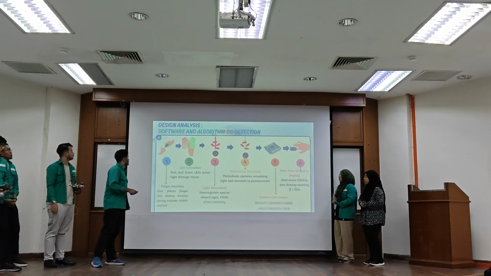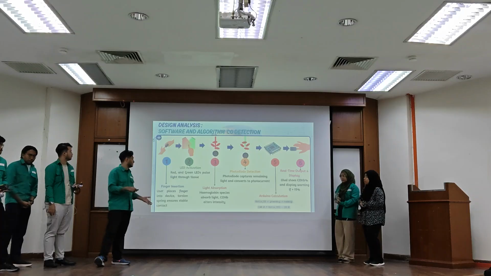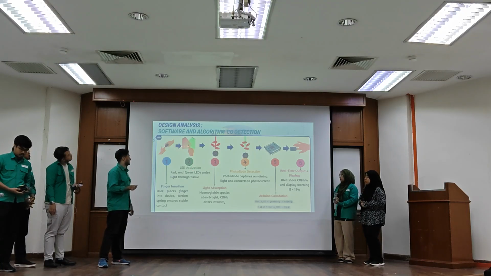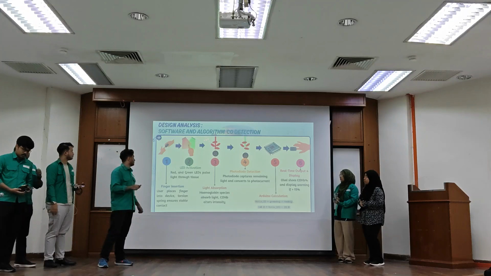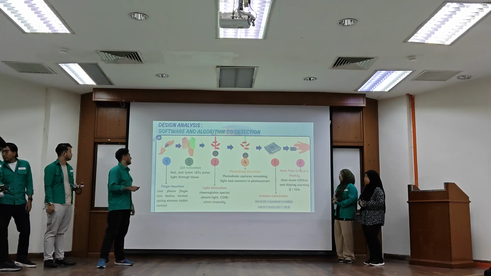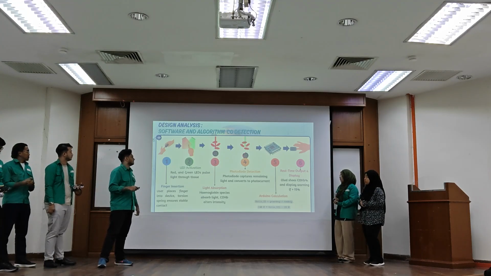Next, this is design analysis, how we actually get the CO reading. First, the finger is placed in the COximeter, and then light from the green and red LEDs is emitted. This light travels through our blood and is received by the photodiode.